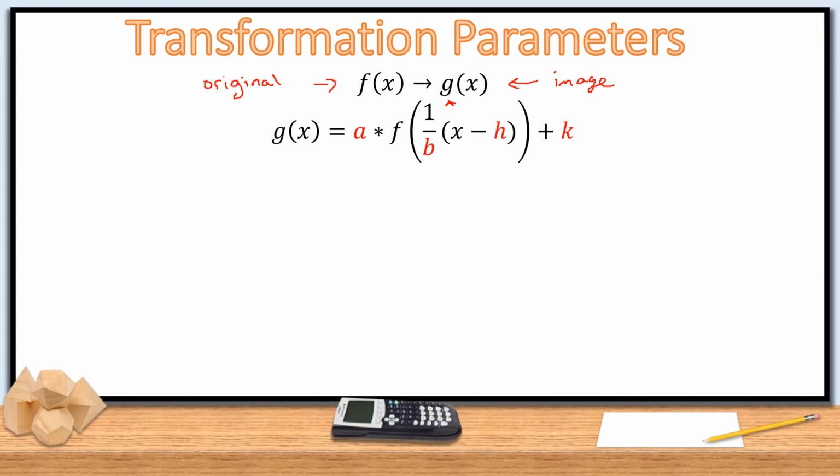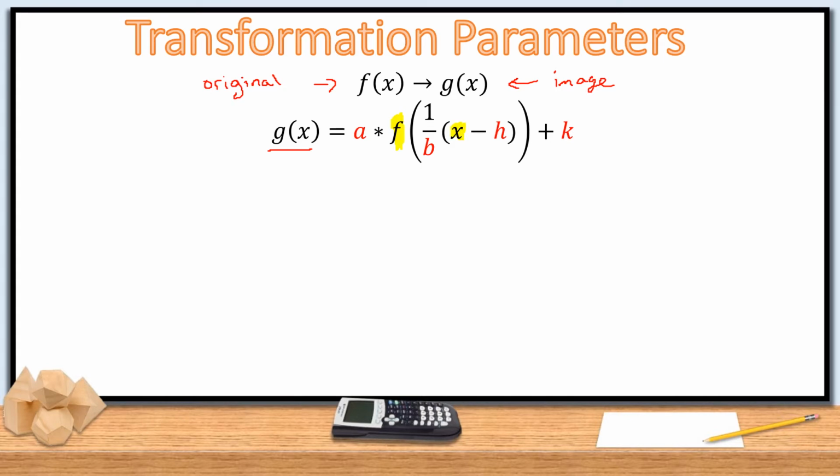Now this is going to be the most important part of the slide today, this equation. What you've got here is the transformed function g of x, and then the original function f of x is right here.